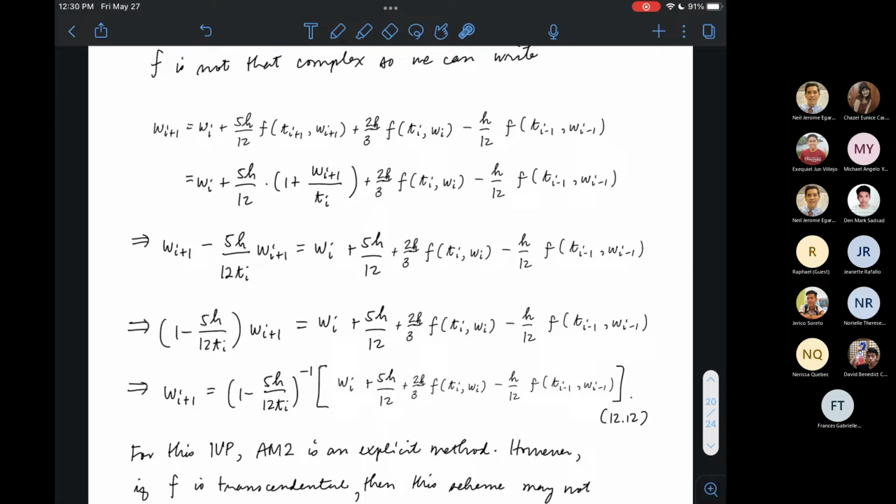Dito ko lang pala siya pinalitan kasi wala naman akong problema rito, right? Because they don't involve W sub i plus 1. So the whole point of this exercise is to hope that I can write AM2 as an explicit method. Otherwise, kailangan ko mag-root finding technique. Alright? Kaya ang in-expand ko na lang dito ay yung f of t sub i plus 1, W sub i plus 1.